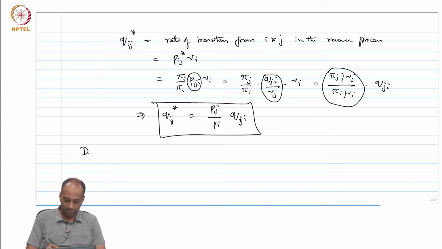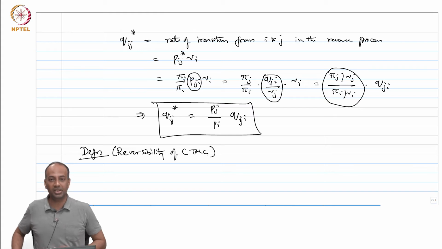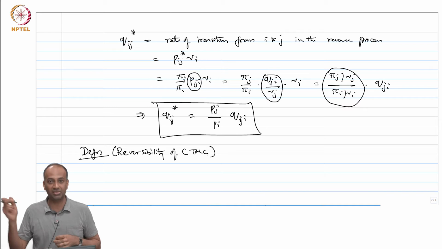Now we come to the important definition of reversibility of a CTMC. Just like in the DTMC world, remember that if a forward steady state DTMC is a Markov chain, the reverse chain is also a Markov chain with transition probabilities p I j star, but that is not what reversibility is.